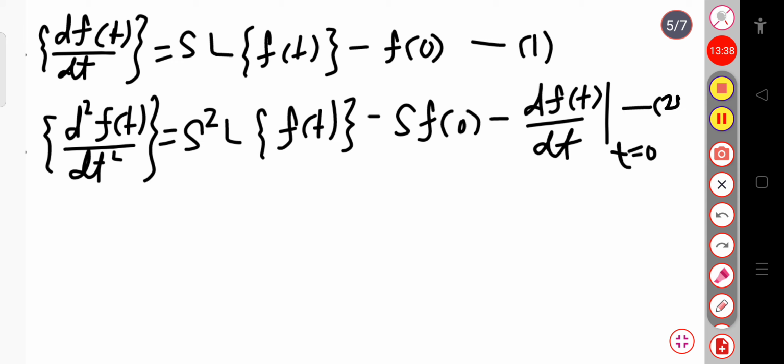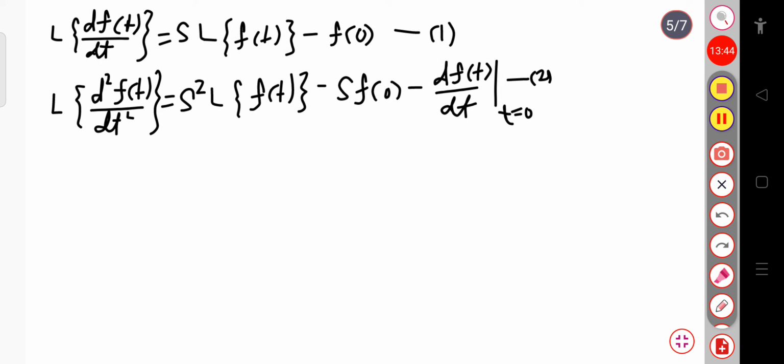Now if I calculate for the nth time, then this is the Laplace transform for the nth derivative.